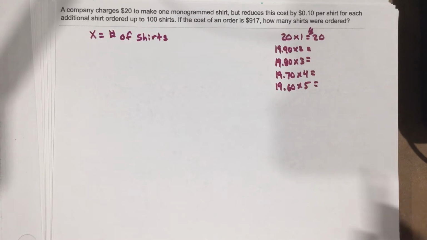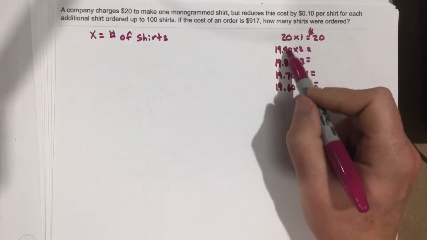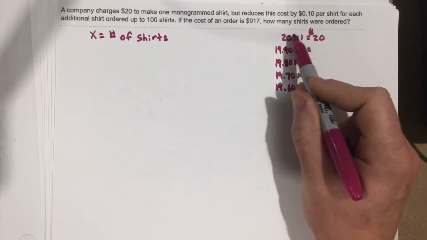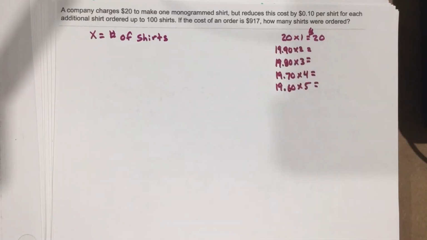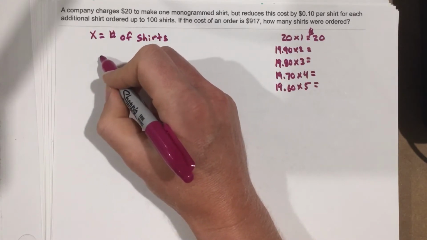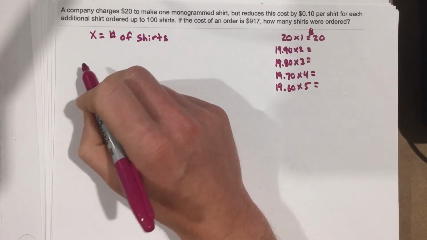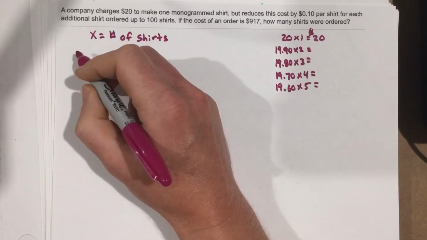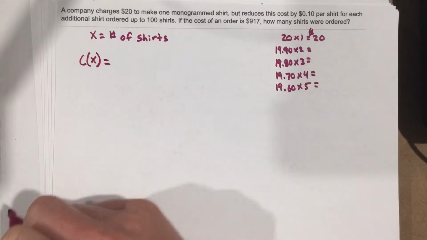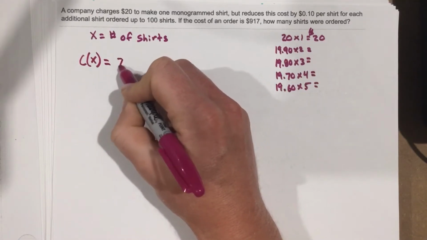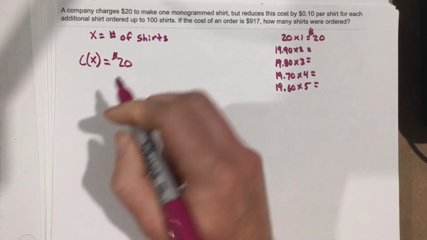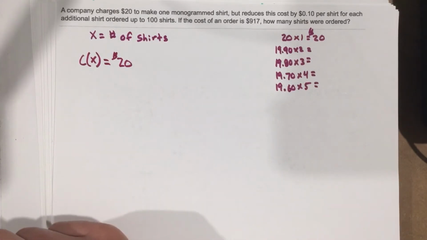Now we've got to come up with a way to subtract out 10 cents every time, but we can't subtract out 10 cents right away. So let's start with the $20. Let's make a function here. We'll say that C of X is going to equal $20.